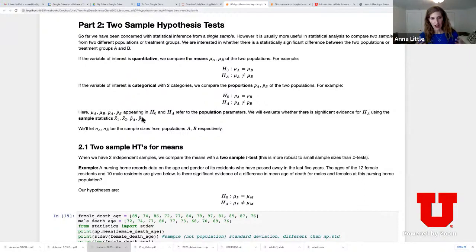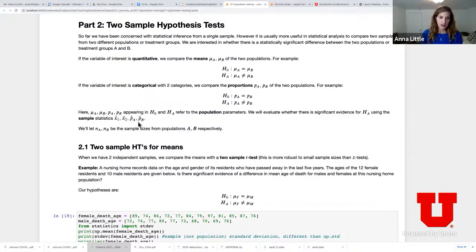So the hypotheses are always about the population parameters, and we will evaluate whether there is significant evidence for it using sample statistics, using the sample mean of the 2 populations, the sample proportion of the 2 populations.